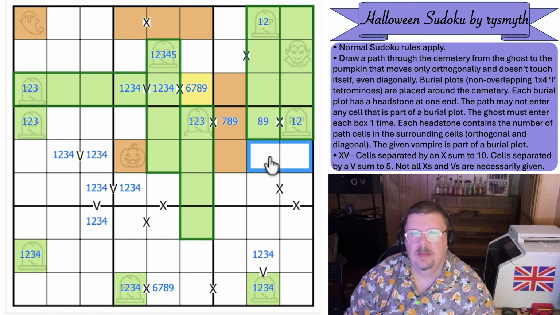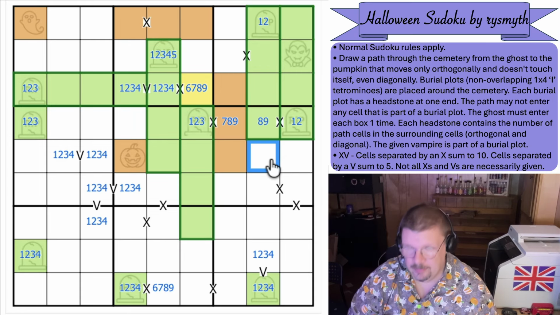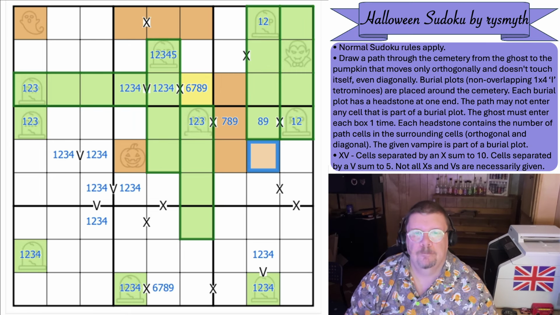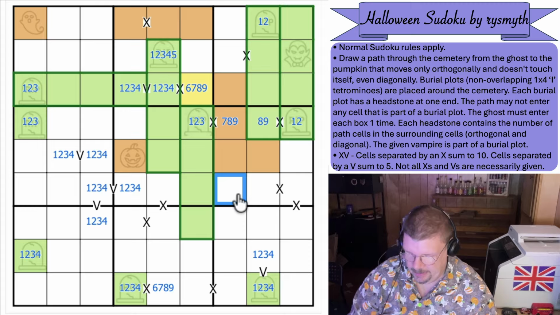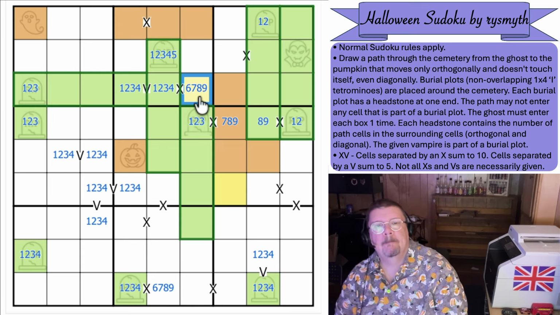Okay. This cell has to be path because if it were not, then this cell has to be in order to make that a 1, but that would be a corner. So that has to be path. So this cell cannot be. Why have I marked that as non-path? Why did I do that? Comes up here.